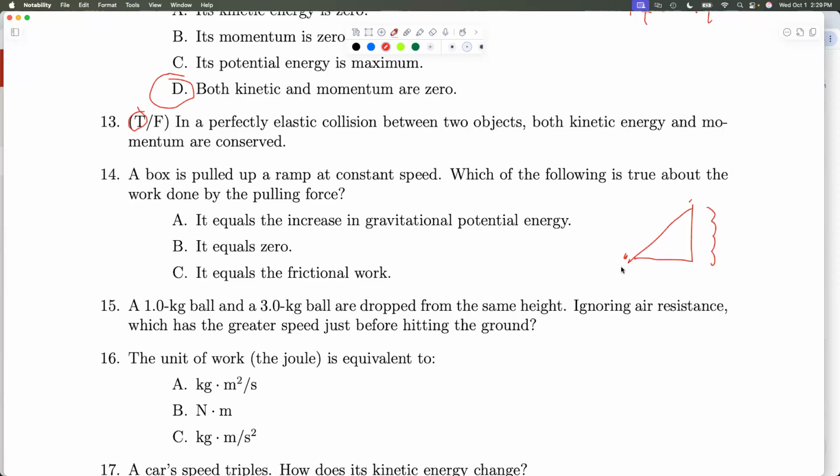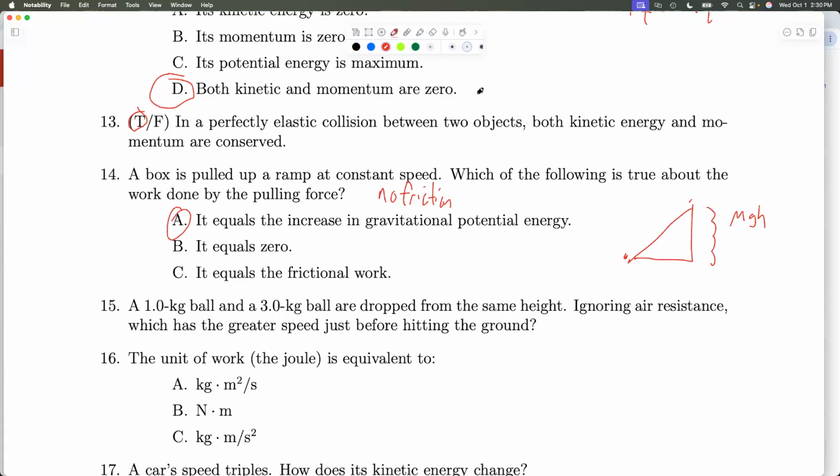If there's friction on here, I have to do extra work. I have to do this amount of work here, mgh, to get it that high, and I have to do work to overcome friction. So we would need both of these. We must be assuming here no friction. I'm going to make the assumption that that's what was meant by this question.